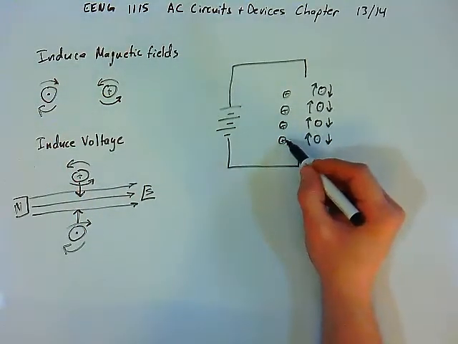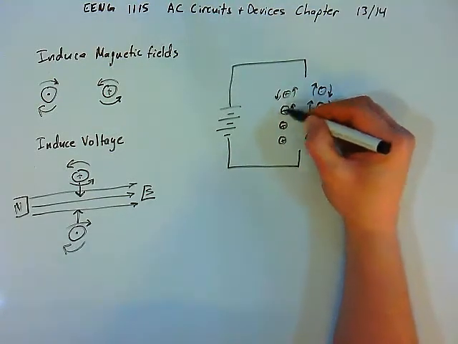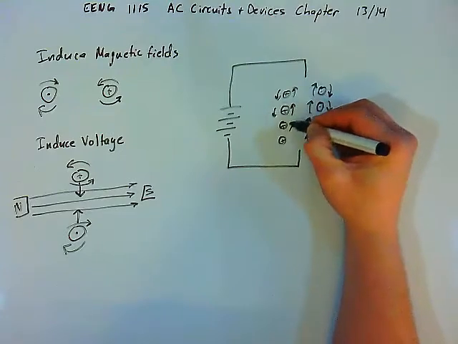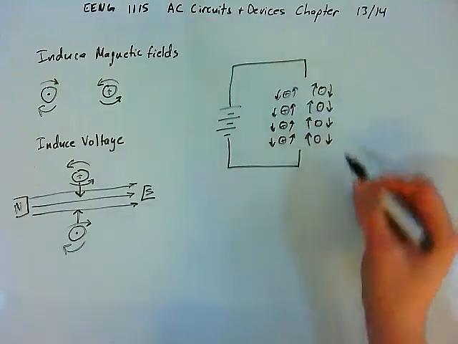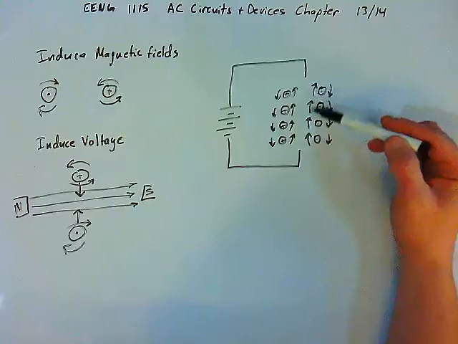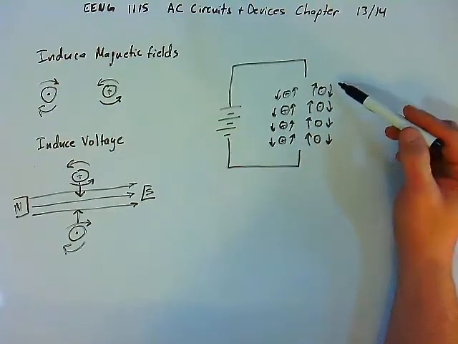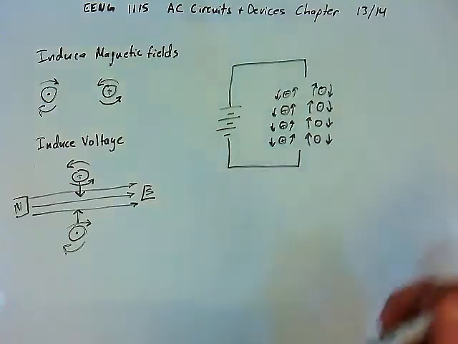And everywhere where the current is directed into the page, we will have a counterclockwise magnetic field. Like so. So we're passing current through these turns of coil, and we get these magnetic fields induced around each section of the wire that makes up this inductor.